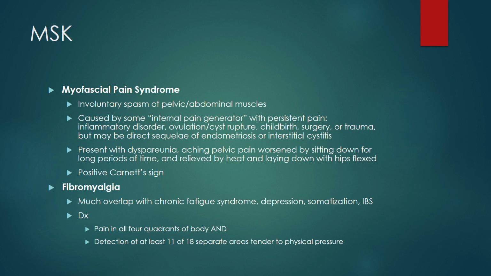All of these can contribute to this micro trauma, quote unquote, except maybe the childbirth. I wouldn't consider that a micro trauma. That can lead to these tense, spasming abdominal or pelvic muscles. You may see the Carnett sign, and we'll get a demonstration of this by Dr.